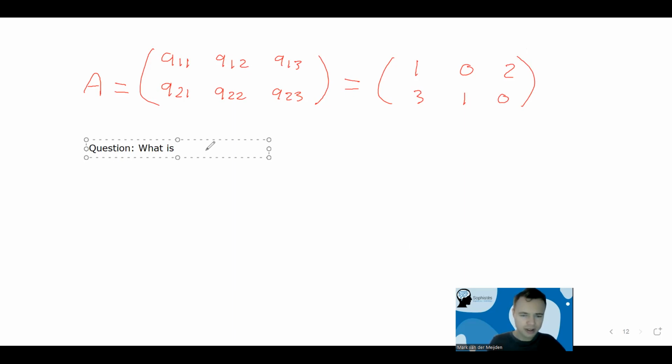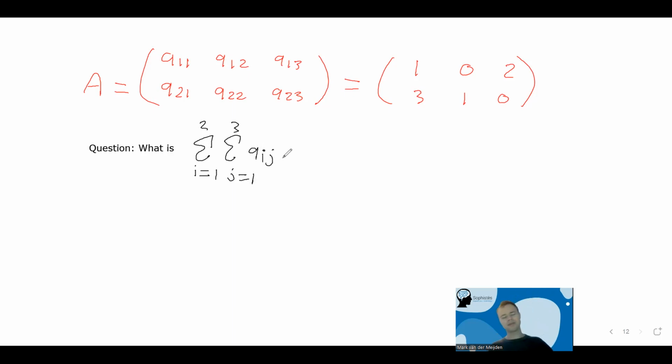what is... So you never saw this before, but what they're actually asking is add up all the elements from the table.